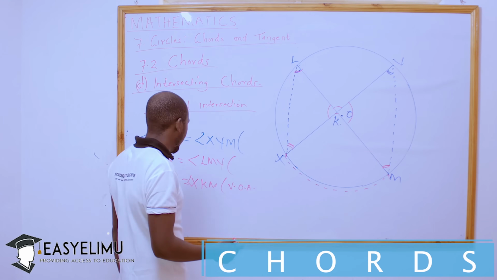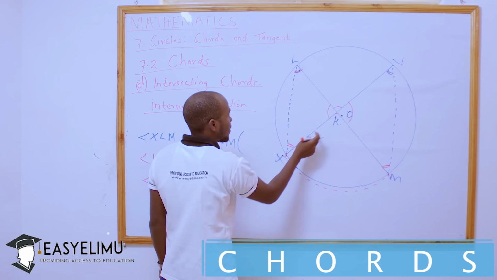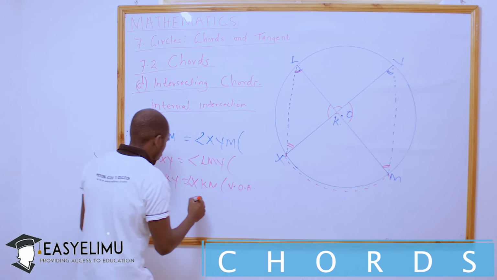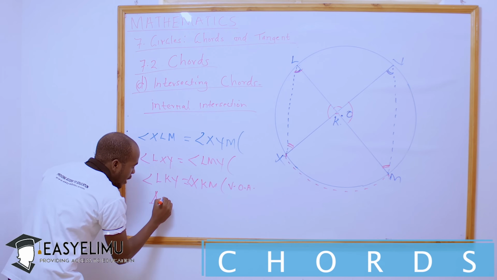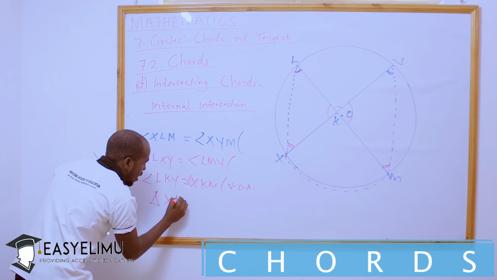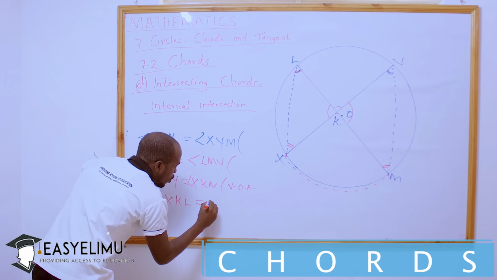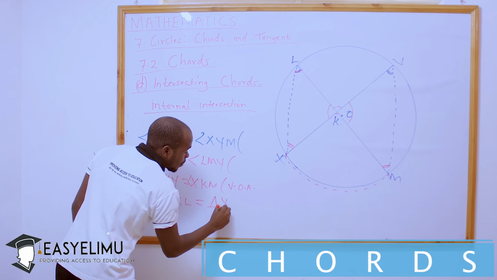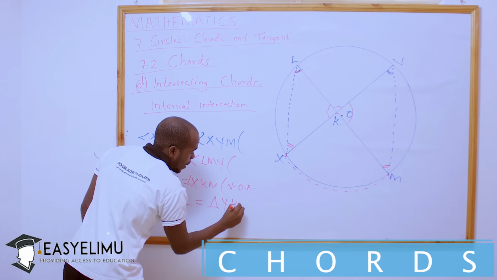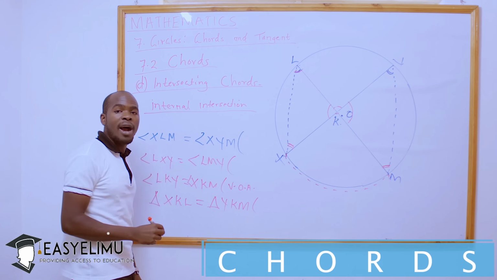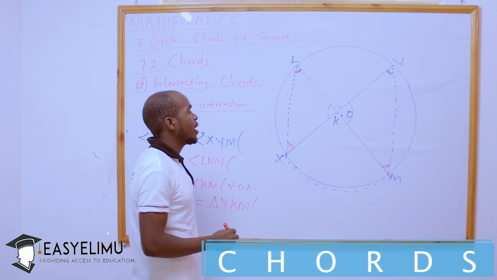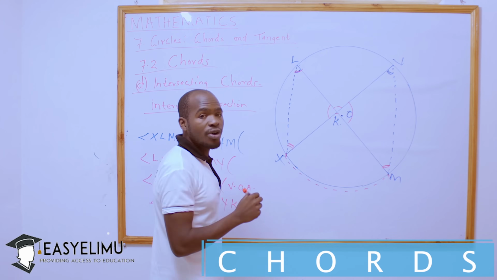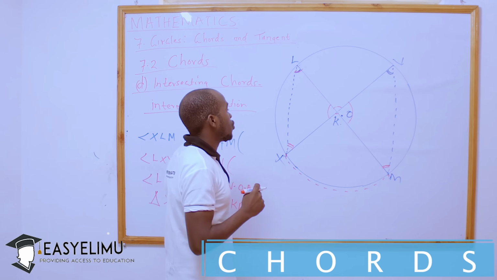So we can say that triangle XKL is equal to the other triangle, which is YKM, and this one will have a relation of equiangular triangle or angle side angle rule.